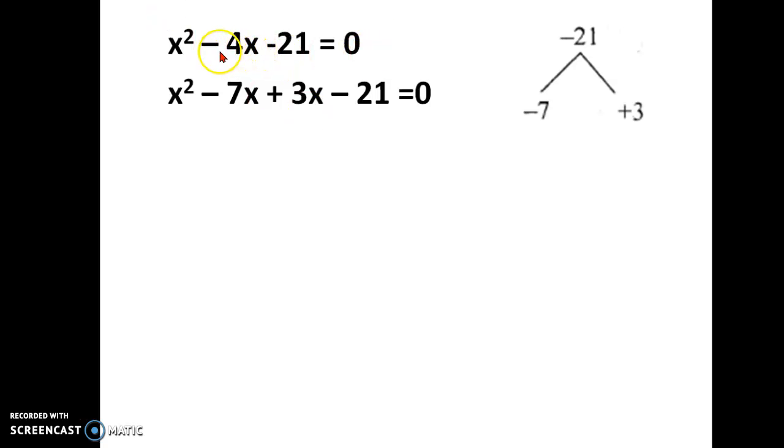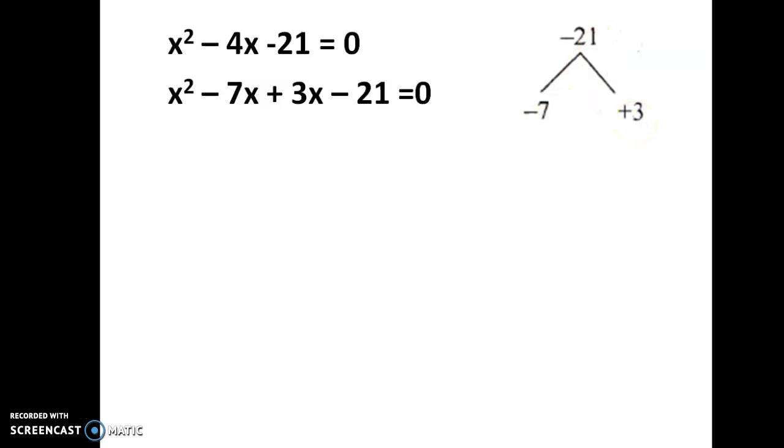So minus 21 into 1, here nothing is there, so that means 1. So you got minus 21 here. This number has to be split into 2 numbers that, when added or subtracted, give minus 4. So minus 21 can be split into minus 7 and plus 3.